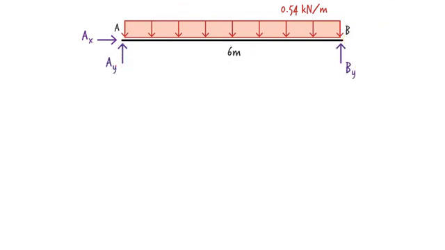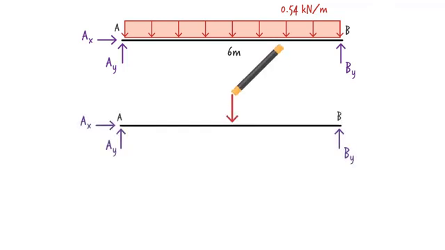Here is the beam's free body diagram showing the reaction forces as well as the applied load. To write the equilibrium equations, once the free body diagram has been drawn, we can replace the distributed load with its equivalent concentrated load. The magnitude of the concentrated load equals the area defined by the distributed load. In this case, the area of the rectangle is 6 times 0.54, or 3.24.